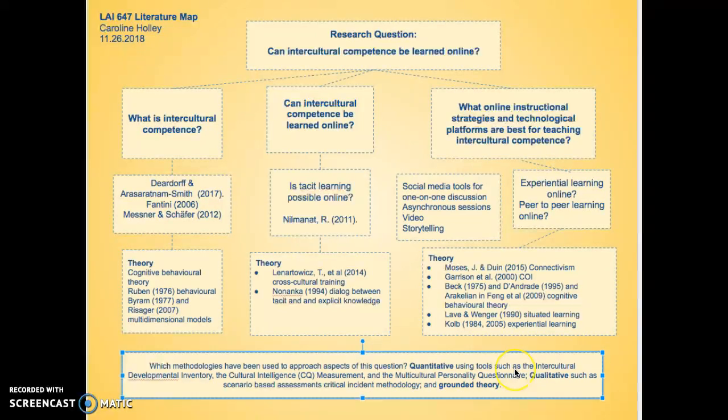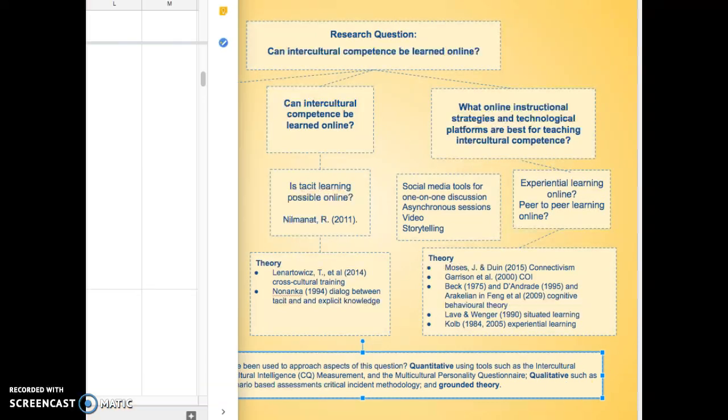These are some of them: intercultural development inventory, the cultural intelligence measurement, and the multicultural personality questionnaire. And then there are also some qualitative studies, such as scenario-based assessments and critical incident methodology.